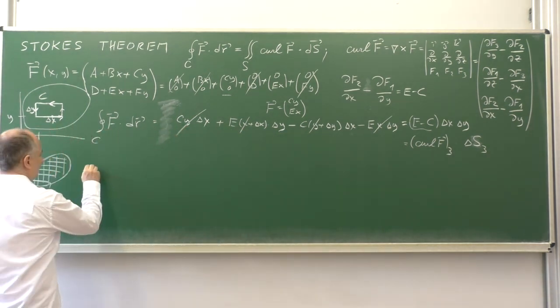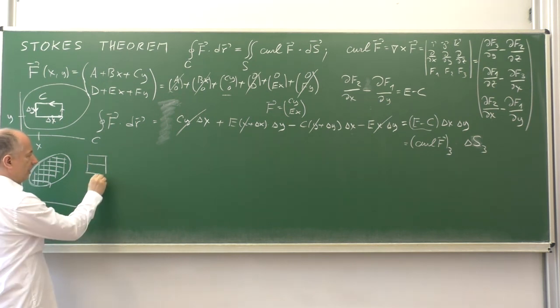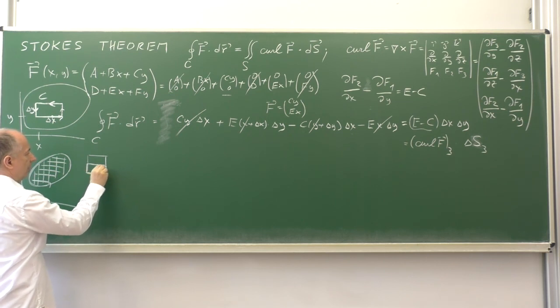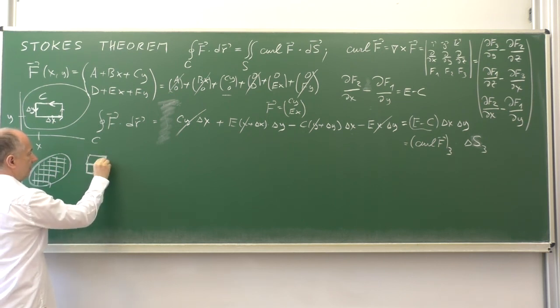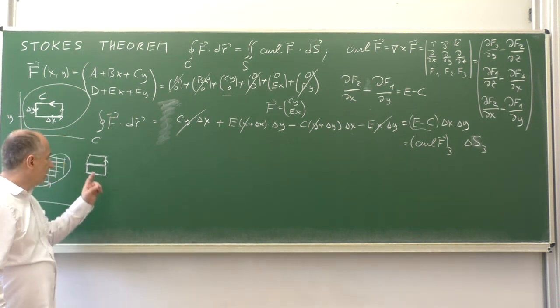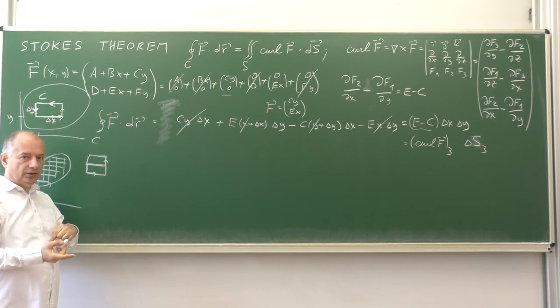Because if you consider a large area like that, and if you divide it this way, then going around one rectangle plus going around the neighboring one, this common edge is run twice, each time in opposite orientation.